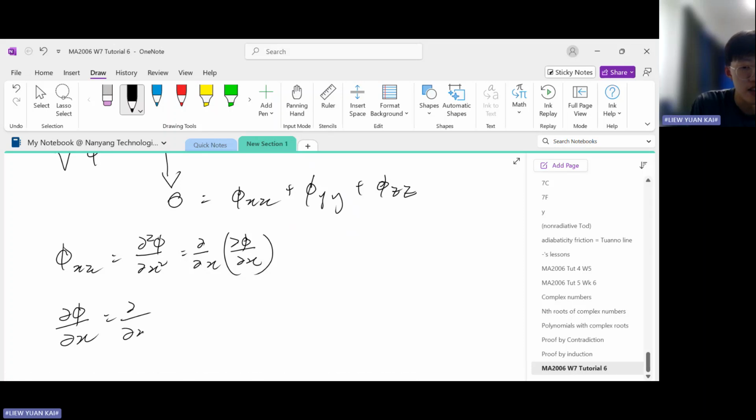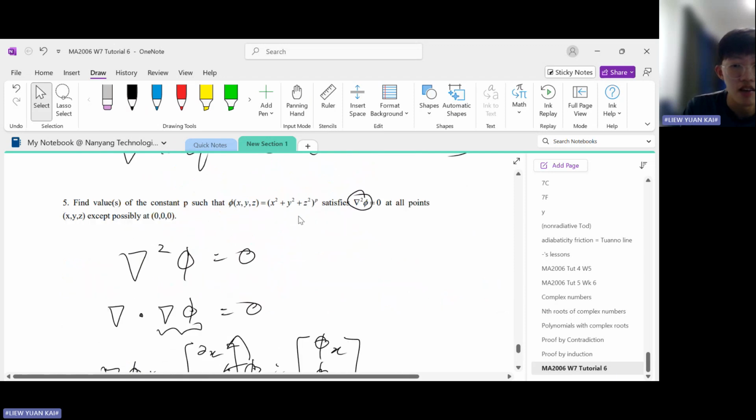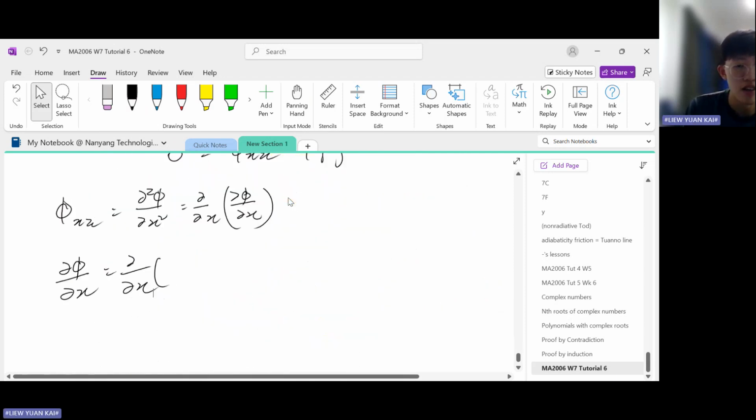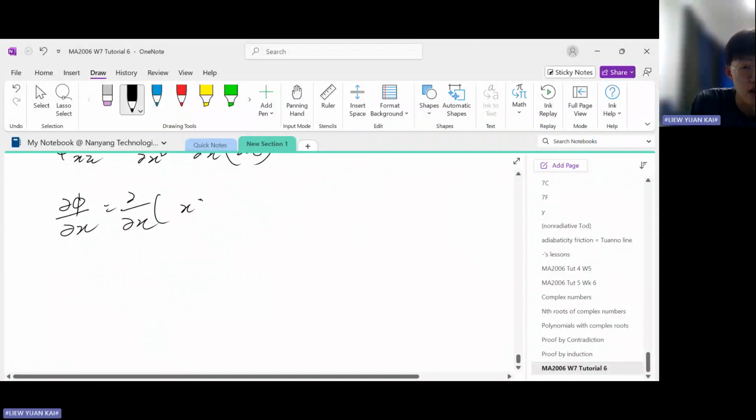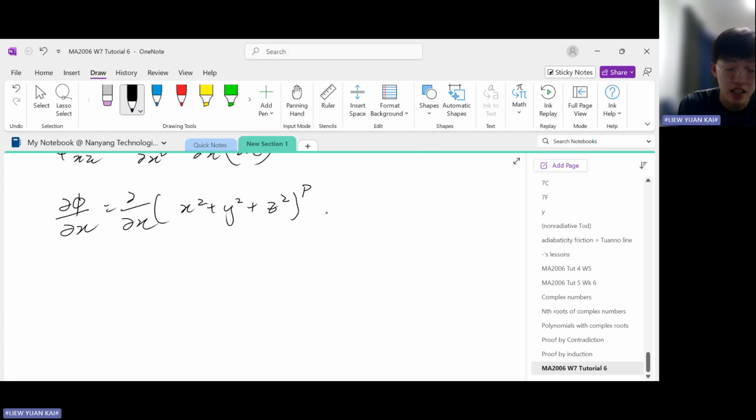They give us an expression: x squared plus y squared plus z squared to the power of p. To differentiate this with respect to x, treat y and z as constants.